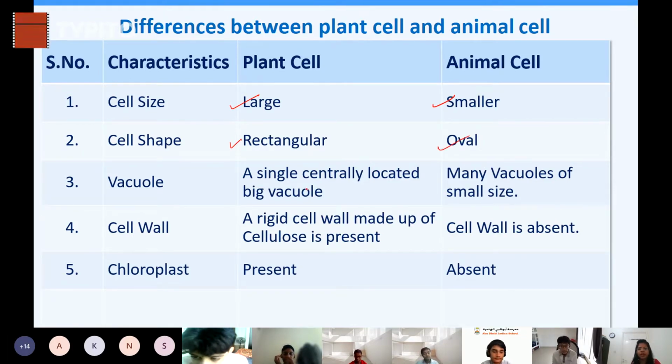Vacuole in a mature plant cell is very big, one or two big vacuoles. But in animal cell, many vacuoles will be there, but of very small size. Plant cell will have a rigid cell wall made up of cellulose, but the cell wall is absent in animal cell. Plant cell will have chloroplast, but animal cell will not. These are some of the differences.